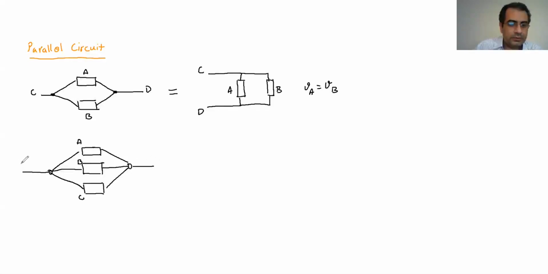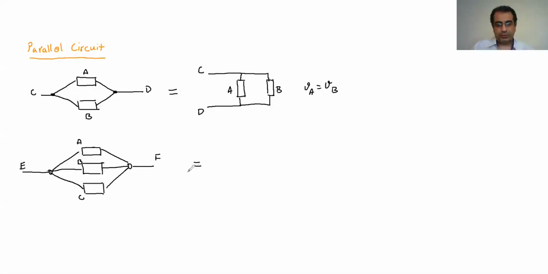If I call this end E and this end F, look at that: all of the left ends are connected to each other, and all of the right ends are connected to each other. So these are in parallel because their corresponding ends are all connected to each other.